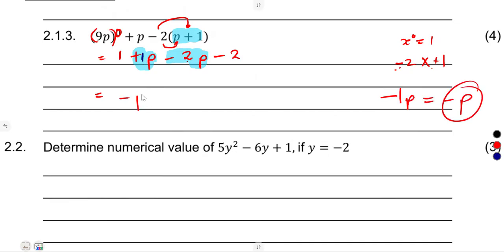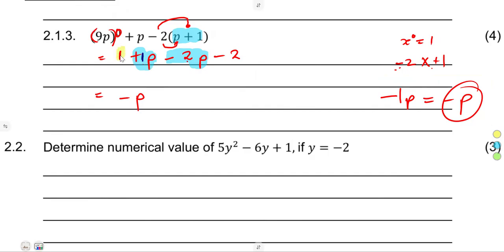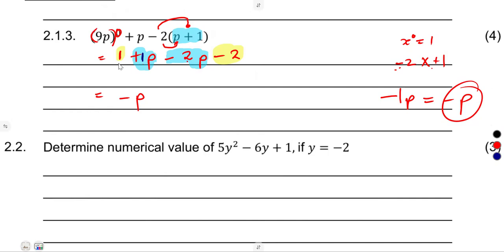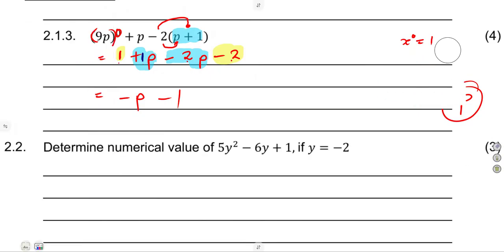Then on the numbers, we have the 1 and the negative 2. So we're going to subtract. That's 1 minus 2, which is negative 1. Like I said, if you do not understand your directed numbers, guys, use your calculator. Do not even worry. No one is going to know that you have used your calculator there. So 1 minus 2, that's a negative 1.